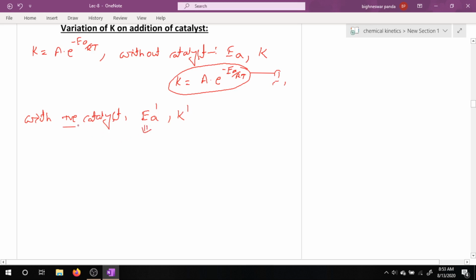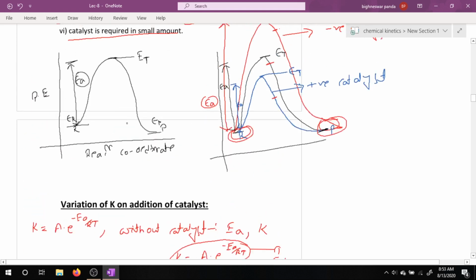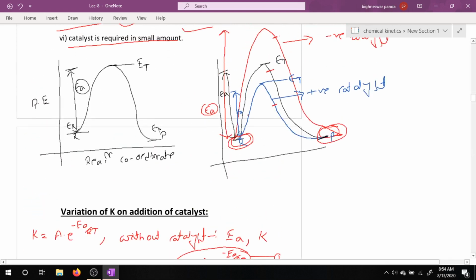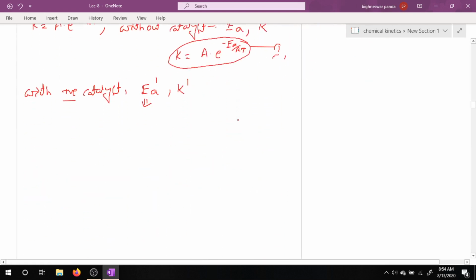By using a positive catalyst the activation energy decreases, so I can write here that Ea dash is less than Ea. By using a positive catalyst the rate of reaction increases, then the rate constant also increases, so K dash is greater than K.